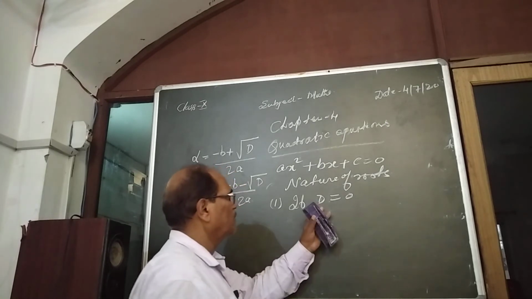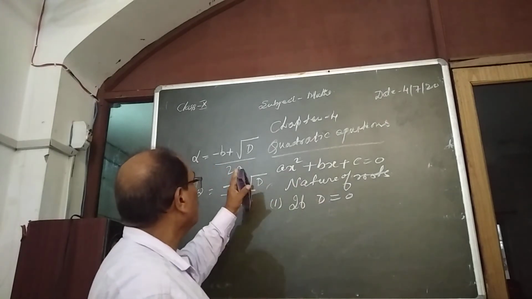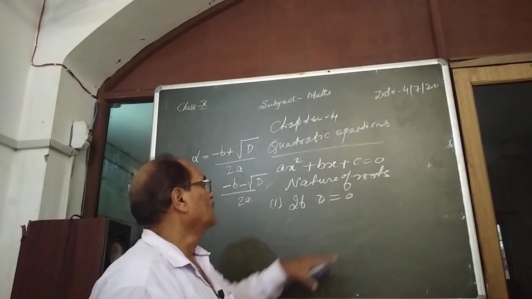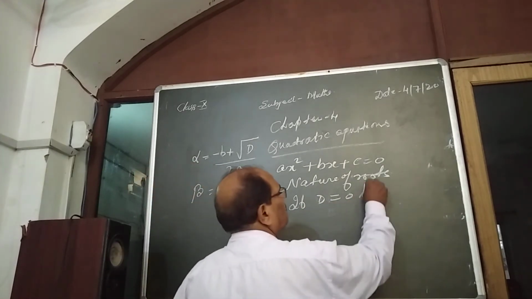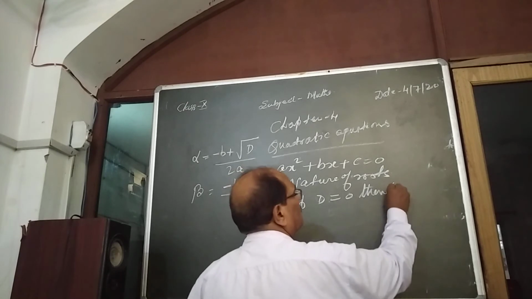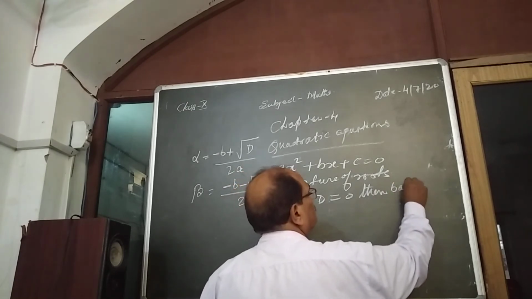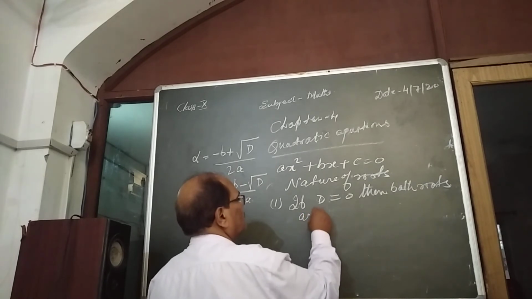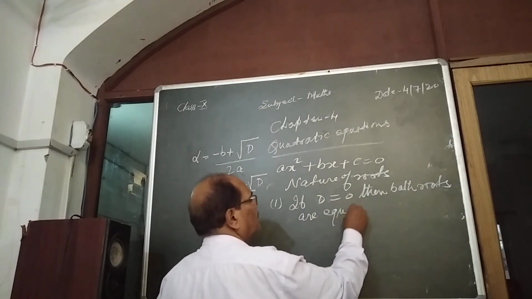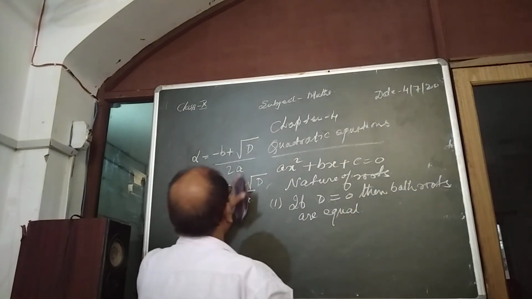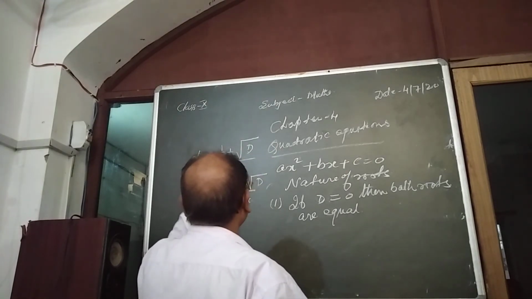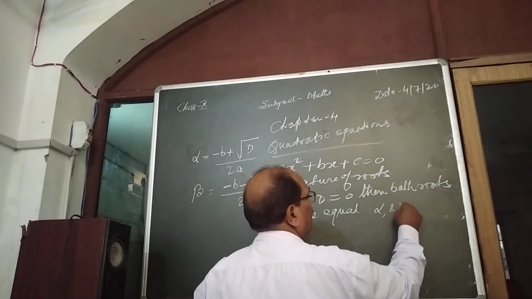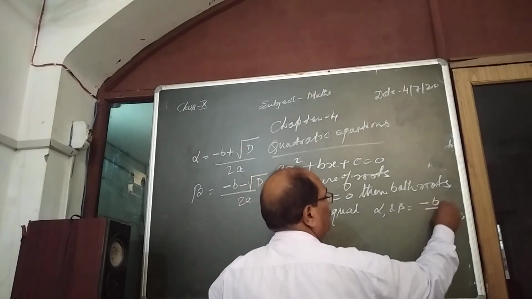Discriminant equal to 0 means after solving b square minus 4ac, if the result comes 0, then both roots are equal. Means alpha and beta both will come equal. That is, if D is 0, simply what remains is that both roots alpha and beta are equal to minus b upon 2a.